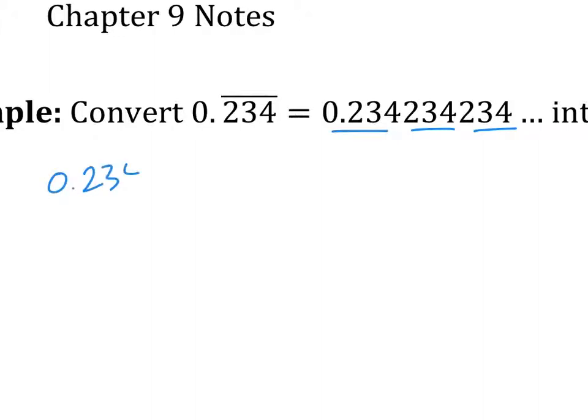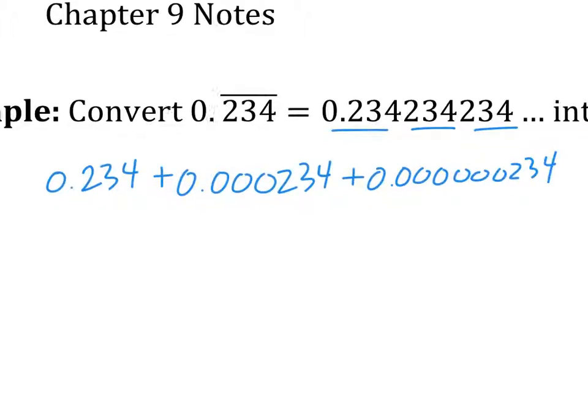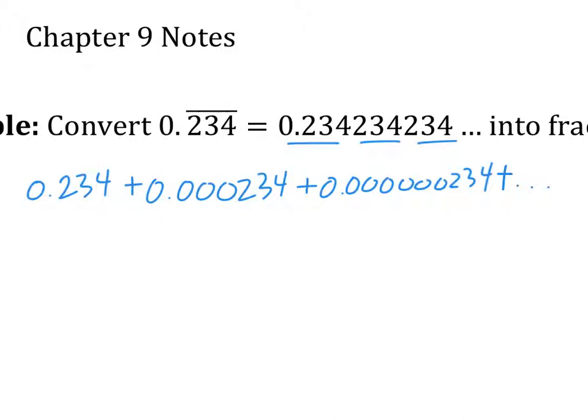0.234 plus 0.000334. Yep. And then plus 0.000000234 plus dot, dot, dot. Correct? What kind of series is this?